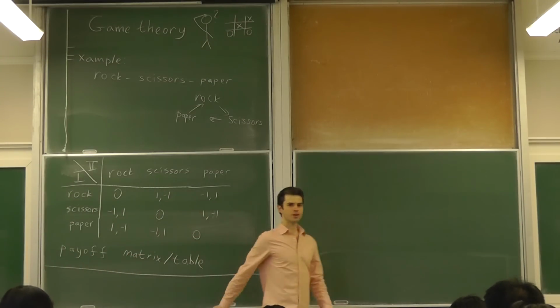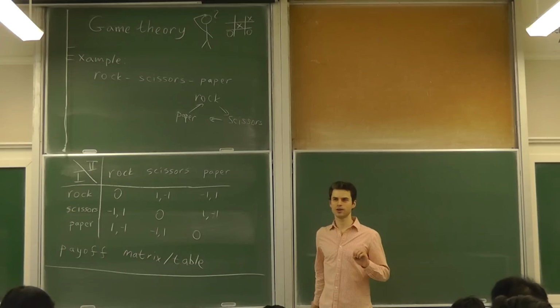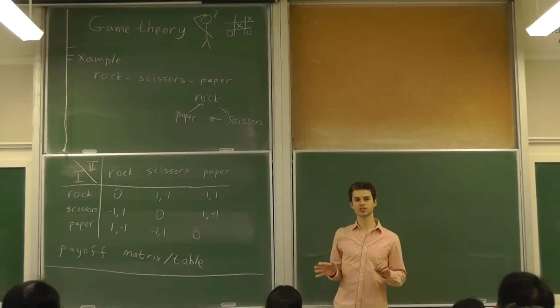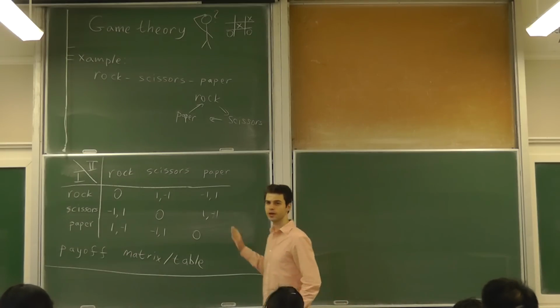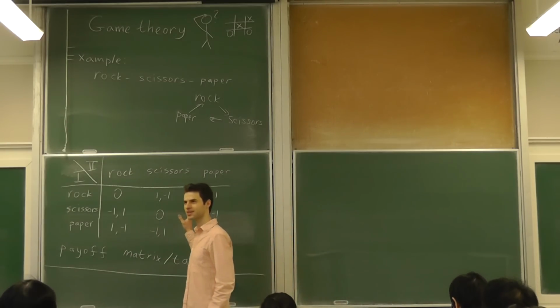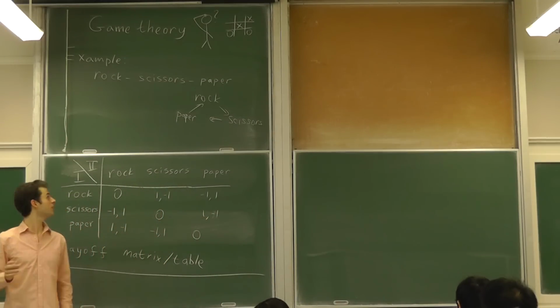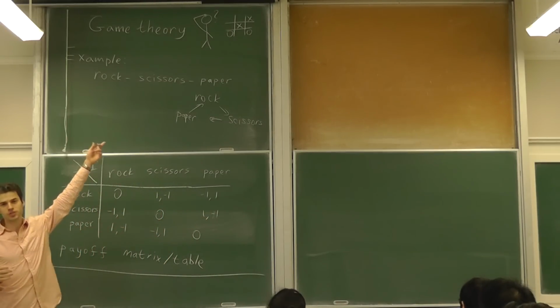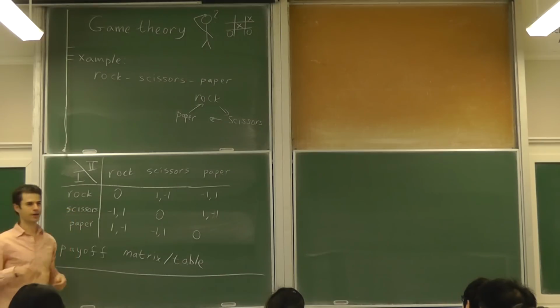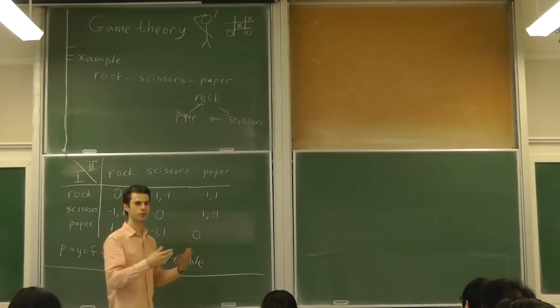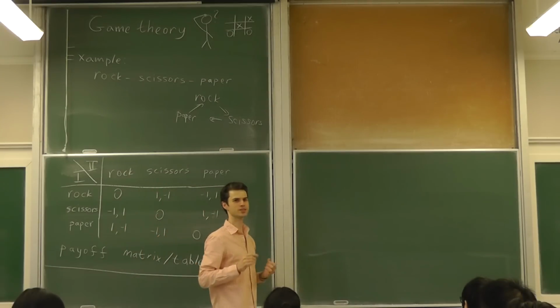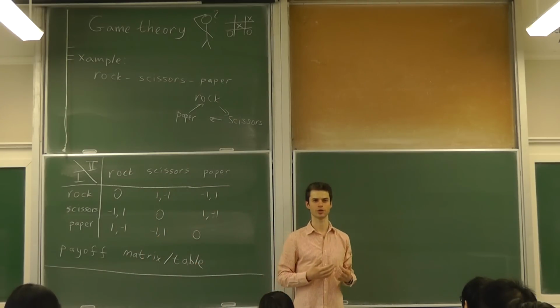Now I want to discuss a little bit what the word strategy means. When I'm talking about simple games like this, two-person games, like tic-tac-toe is also a two-person game, I put an X, my opponent puts an O, I put another X, he puts another O, and so on and so on.